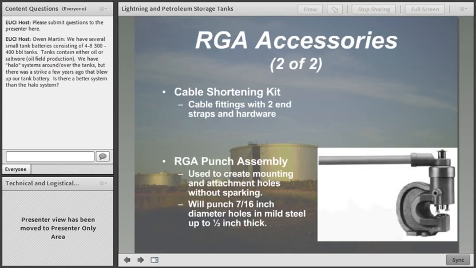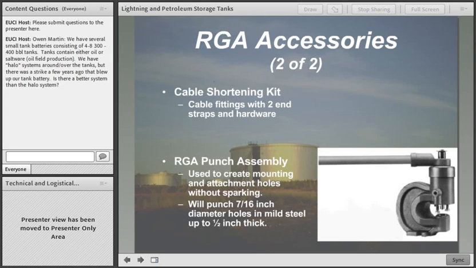To attach an RGA to a tank, you would also need to punch some mounting holes in the rim and also in the floating roof. Typically, when you attach the cable to a floating roof, you can find a flange on the foam dam, which is easy to punch a hole in, and then you could connect the RGA through those holes.